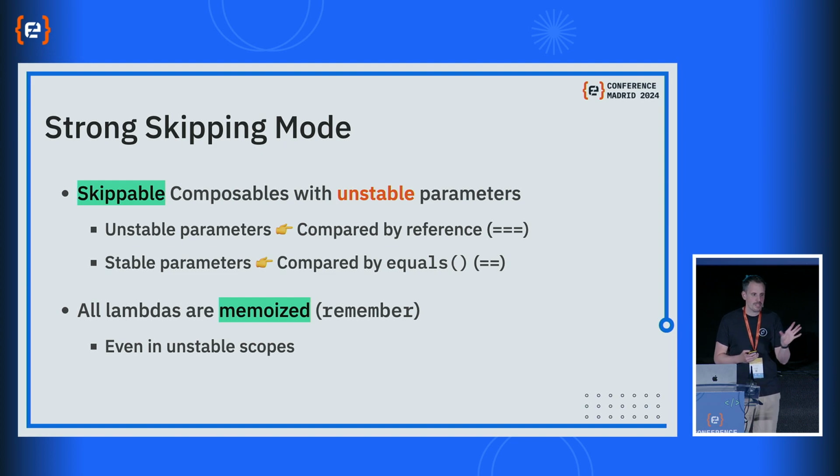The stable parameters will work exactly the same, compared by equals, but the unstable parameters will be compared by reference. If the object is exactly the same, then even if it's unstable, the composable can skip the recomposition. And all lambdas will be memoized, or remembered, even with unstable scopes. So the problem that we saw before with the lambdas will disappear quite soon.